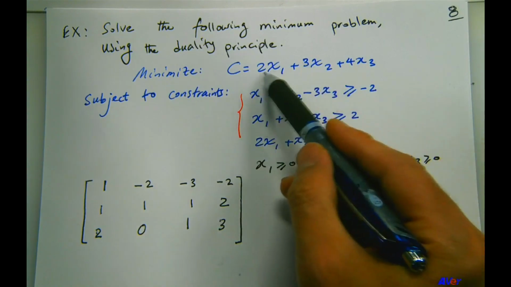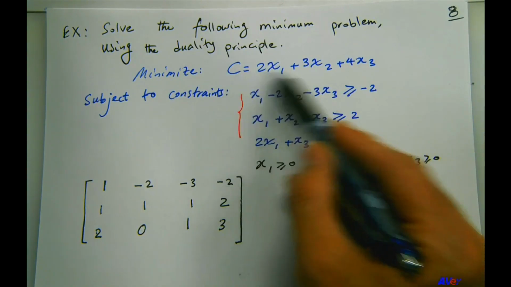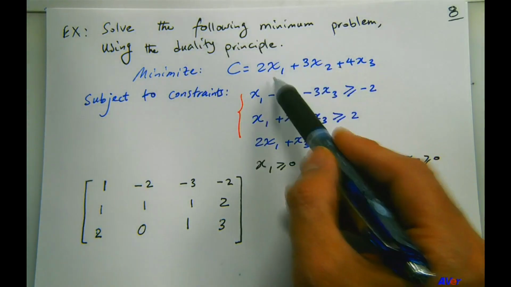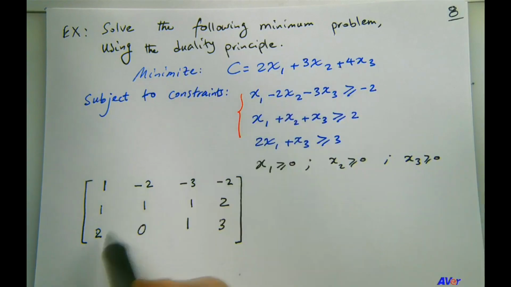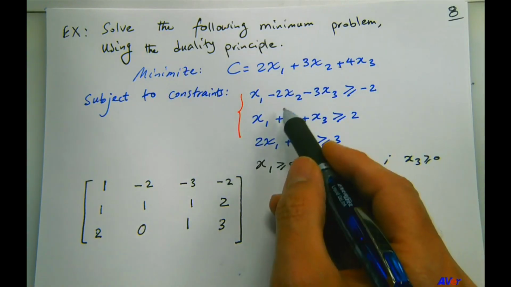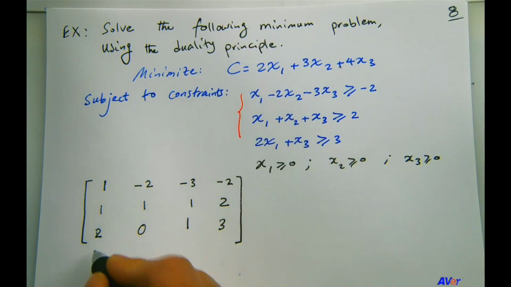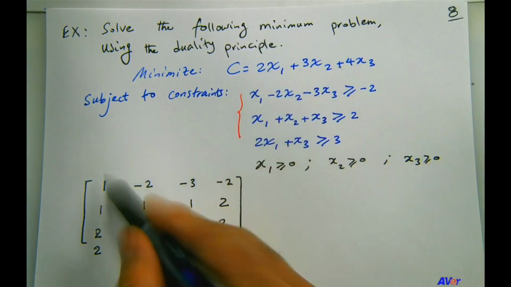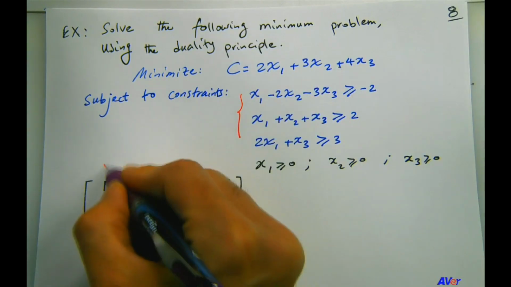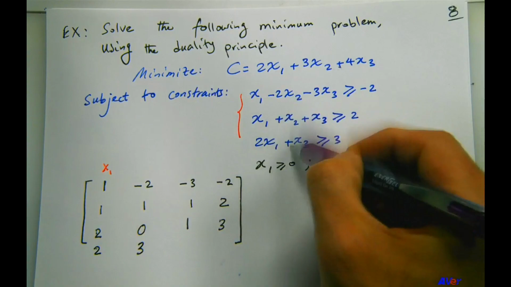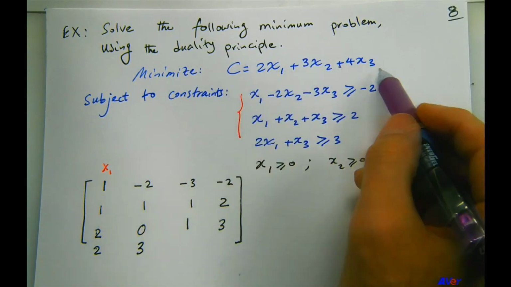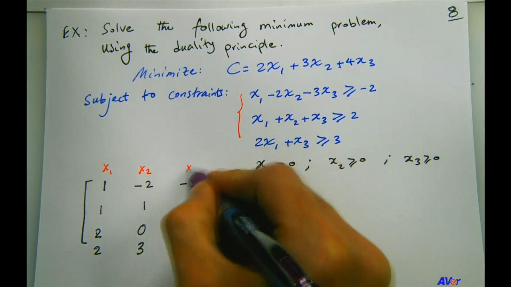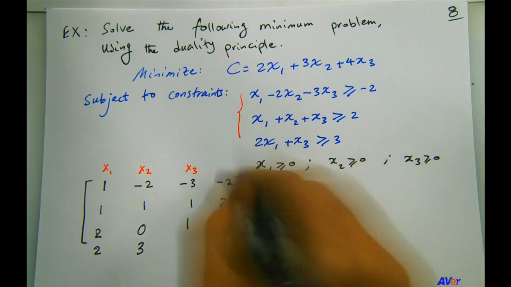Okay, so these coefficients from the objective function as they are, let's import those into the initial matrix of coefficients. So we have 2, 3, right? 2 for x1, because these are the coefficients of x1 in the inequalities first, then the objective function, then x2, these are the coefficients, then x3, then of course those are the constants.